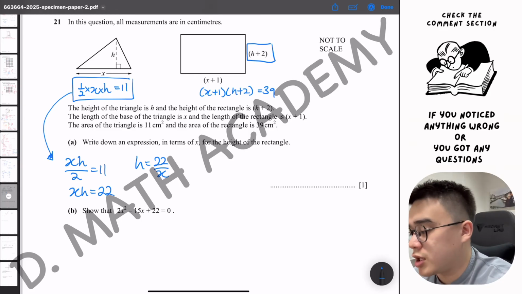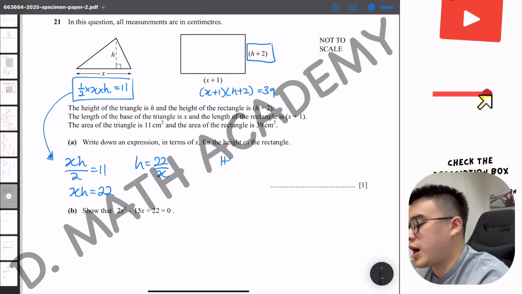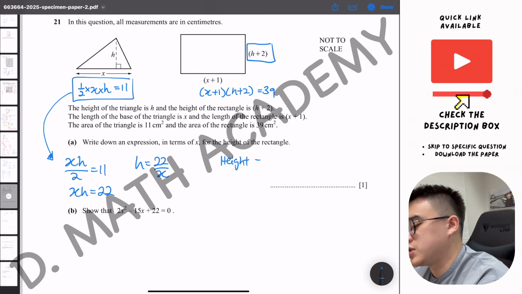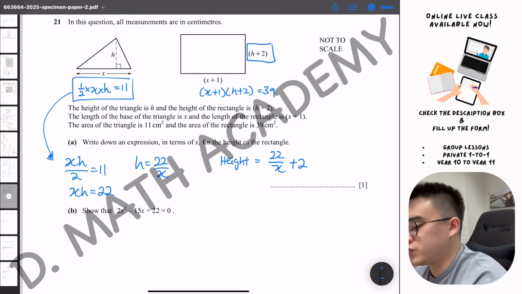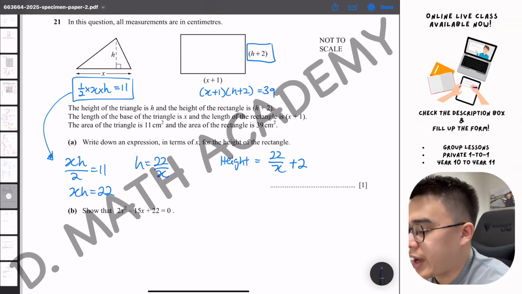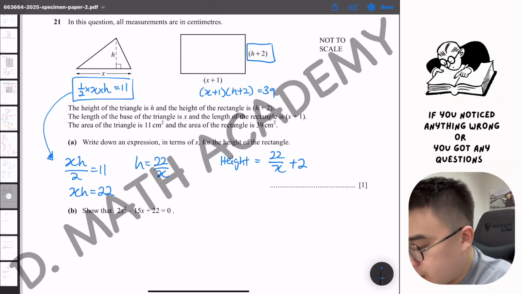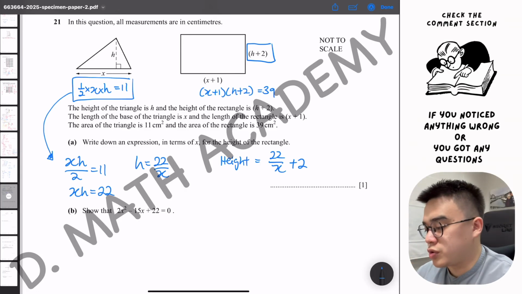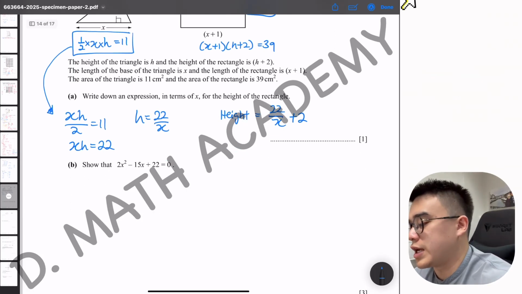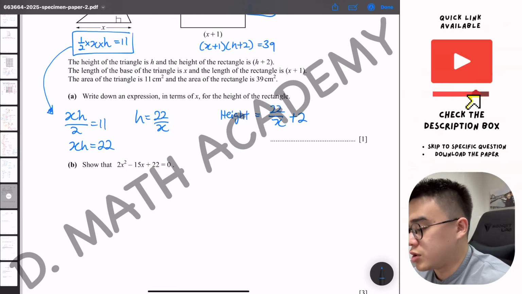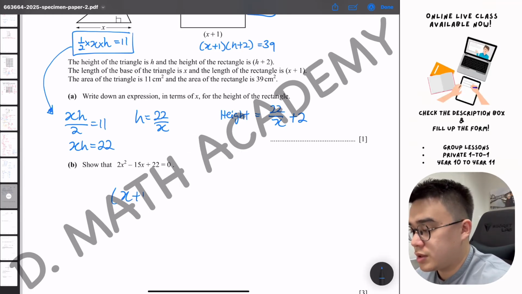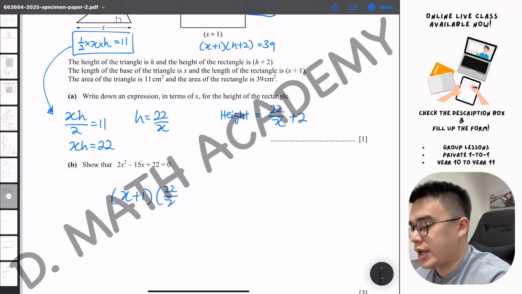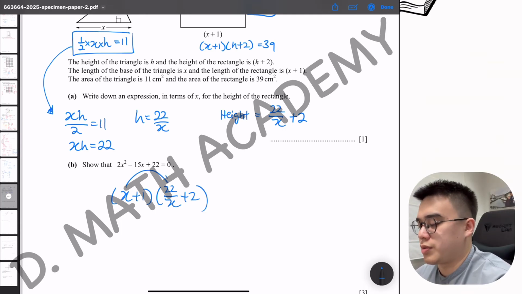With this, I can now say the height is actually 22 over x plus 2, and that's my height right here. Moving on, they asked us to show the answer. I decided to use the height that we've gotten here, x plus 1 and then 22 over x plus 2. Multiply it up.